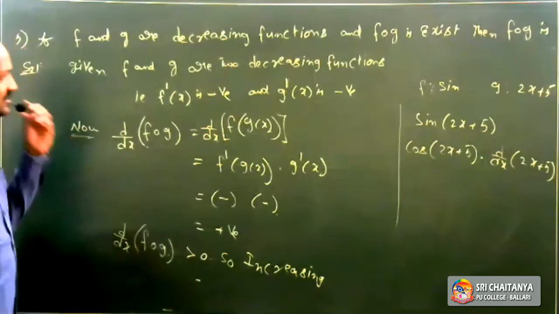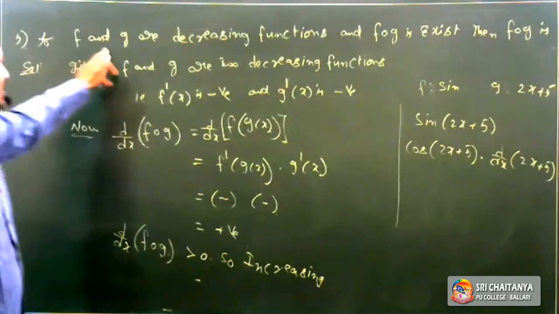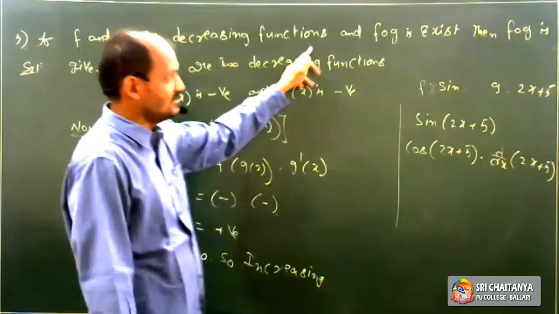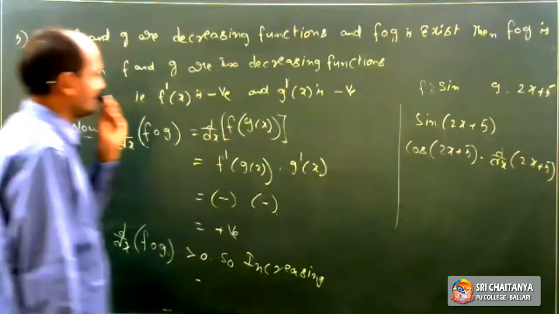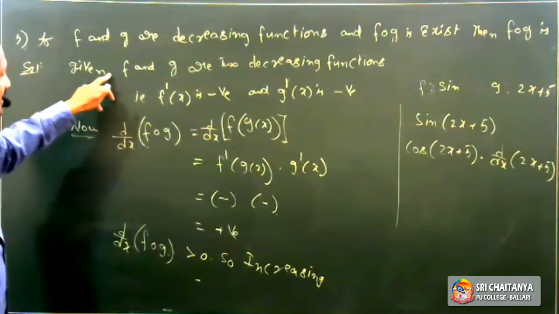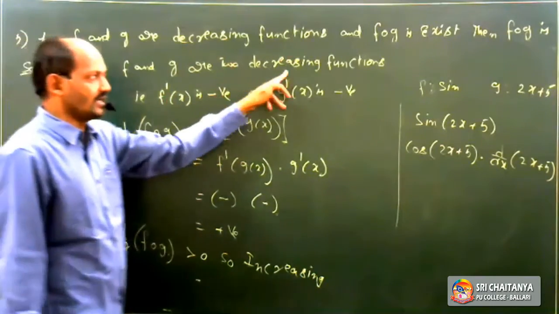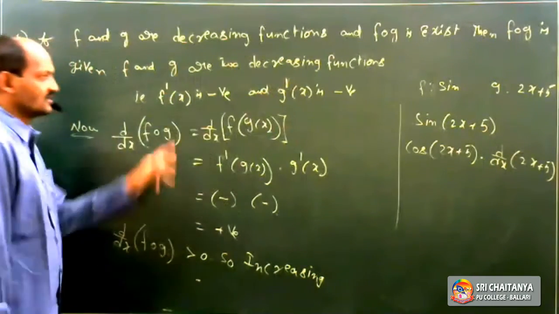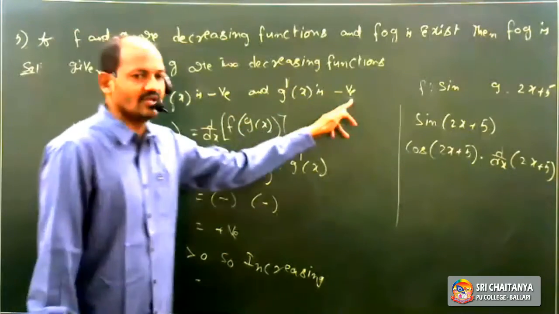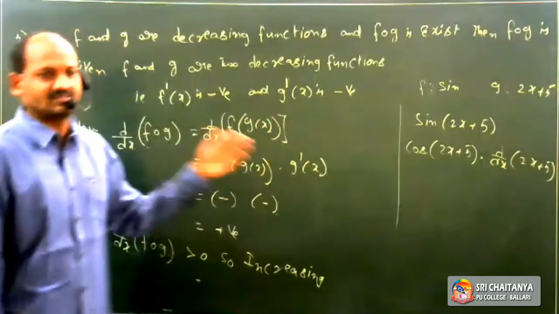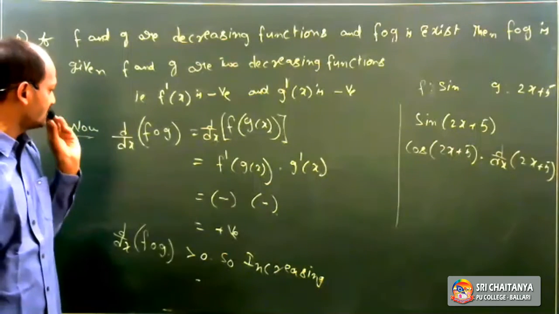Listen, if you have any doubt: f and g are decreasing functions, and f circle g exists. Here, given f and g are two decreasing functions, that means the derivative of f and the derivative of g both are negative, because they are decreasing functions.